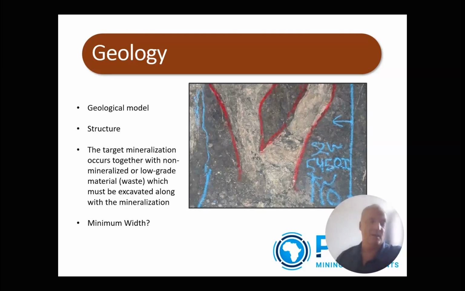So in this particular picture, although the grade is highlighted by red, the other material would have to come out, and would that make it profitable? So that would go towards things like minimum width. All of these aspects should be considered, and probably when you've got to the stage of making that determination based on your profession, you would probably be a long way down that road.